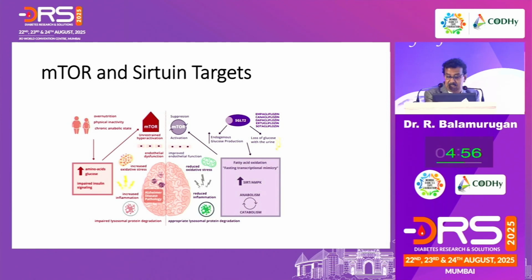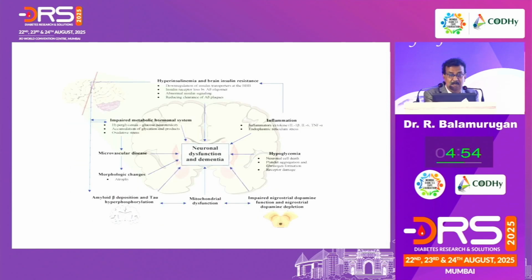So this is one of the important therapeutic options, and this is the basic mechanism of how neuronal dysfunction and dementia occur. I already explained in detail most of the time. There's inflammation, impaired metabolic hormonal system, hyperinsulinemia and brain insulin resistance, which causes a downregulation of insulin transporter at the blood-brain barrier, and insulin receptor loss by the amyloid beta oligomer, abnormal insulin signaling, and reduced clearance of the amyloid beta plaques.